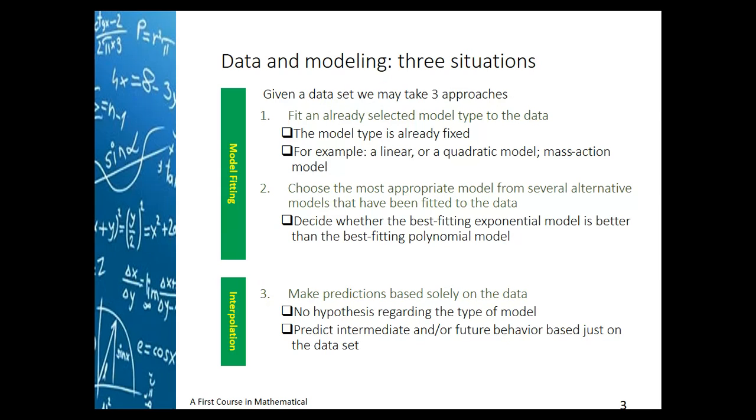It's about how you smoothen the evaluation of your model. If you already have some hunch about your data that you would like to select, we call that model fitting.